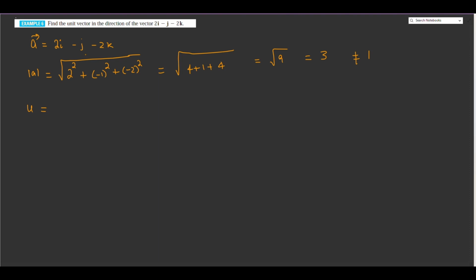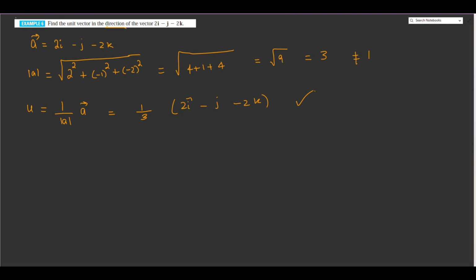So how can we obtain a unit vector in the direction of this? You can apply the above formula. It will be equal to 1 over the magnitude of a multiplied with the vector a. So it becomes 1 by 3 times (2i minus j minus 2k).